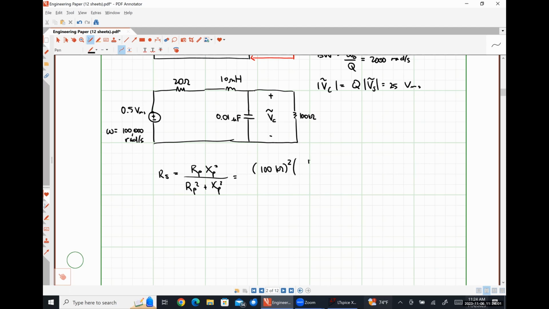X sub P is going to be 1 over, so let's see, 100,000 would be 10 to the 5 times 0.01 times 10 to the minus 6 farads, right? So 10 to the 5 radians per second, that's my 100,000, so that's omega, and then 0.01 microfarads is the value of my capacitor. We okay with that being the reactance of a capacitor?